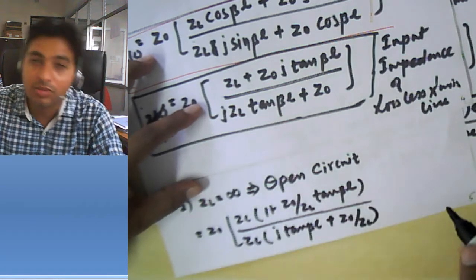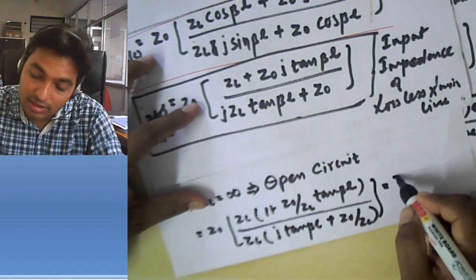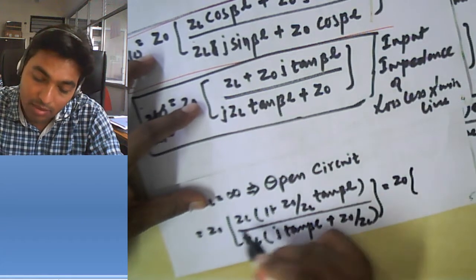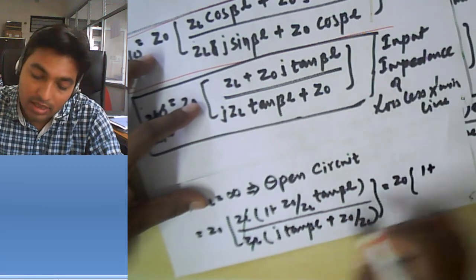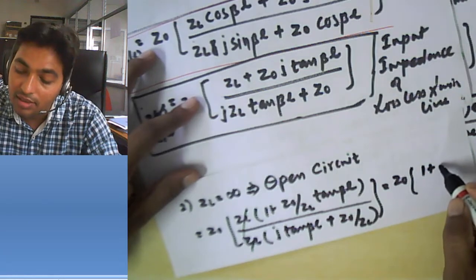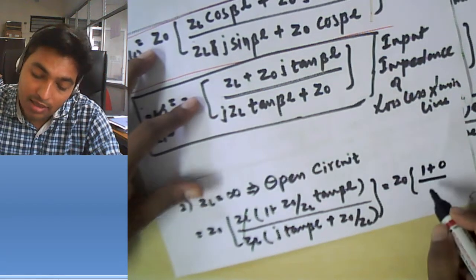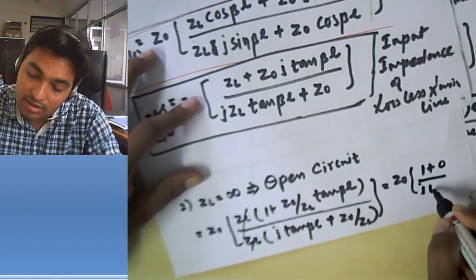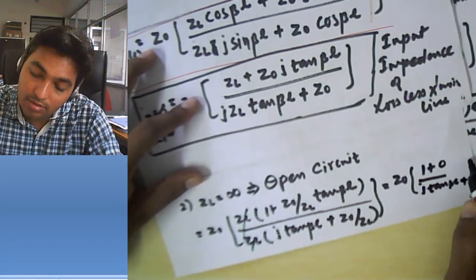Now we will substitute ZL equal to infinity. So what it will give is Z0 times, ZL will cancel out, so this will be 1 plus anything divided by infinity, which is 0, divided by J tan beta L plus 0.